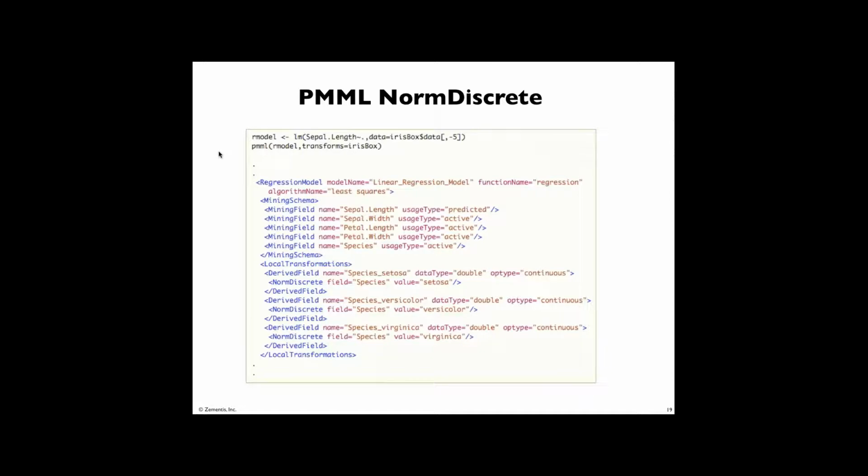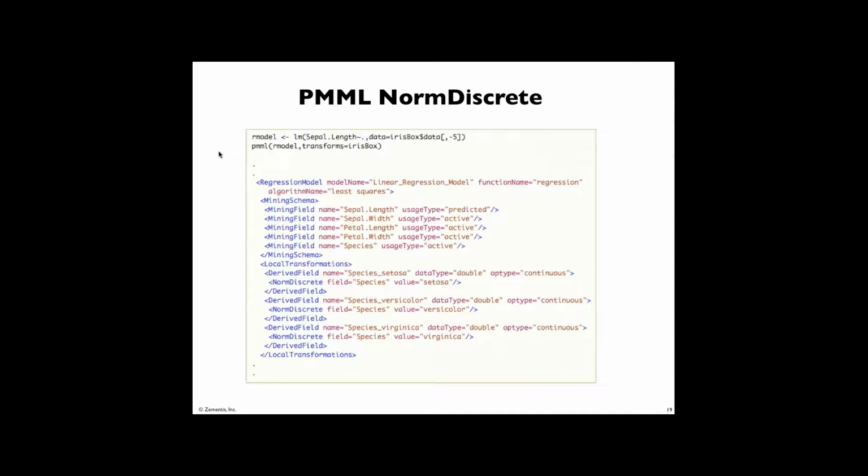And this time, let's show what would happen and how the PML would look. So at the top, again, we make a simple regression model. And to output the PML, again, the command is PML, the model, and transforms equals the transformation object.